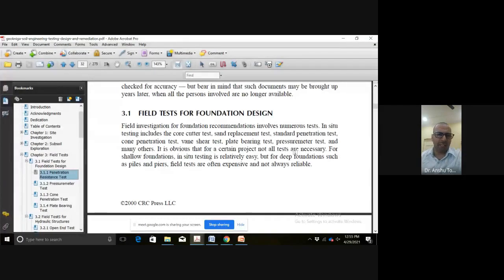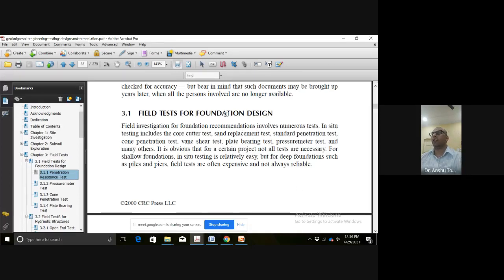Because in the examination you will not be asked to write the full test procedure or interpretation. Concisely it will be required: what is the concept, where it is required, what is its significance, what is the procedure, and it will totally be 7 to 8 lines that you are supposed to explain that particular test.